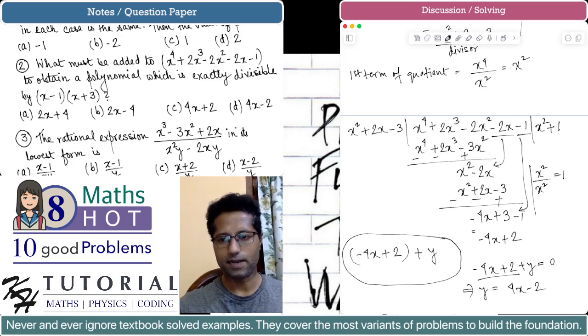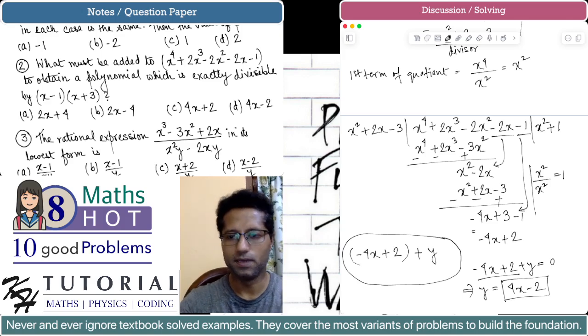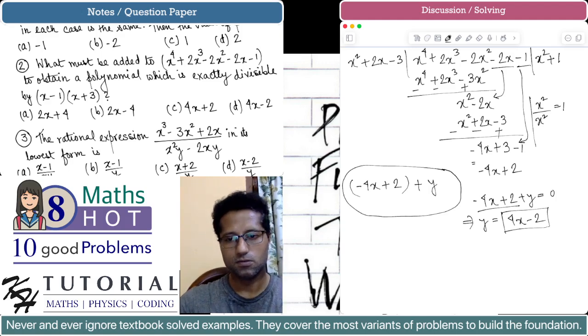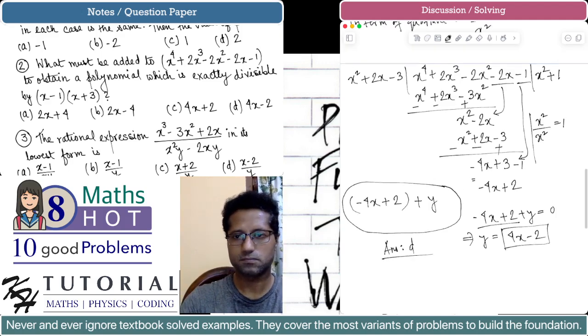So this is the expression that needs to be added to the given polynomial so that it will be exactly divisible by the product of x minus 1 and x plus 3. So the correct choice is D.